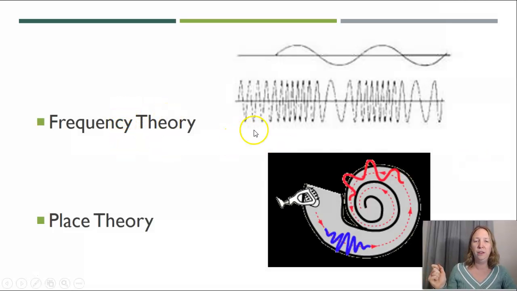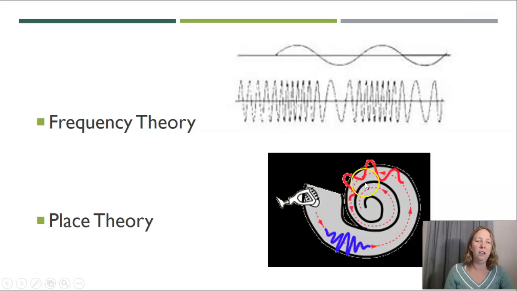So the frequency theory is again the idea that whatever the wave is of the sound you're listening to, in this case my voice, that same wave is going to turn into neural impulse and continue the same pattern. Place theory has more to do with where the sound hits on the cochlea. If it hits here, it's likely to be a high-pitched sound.